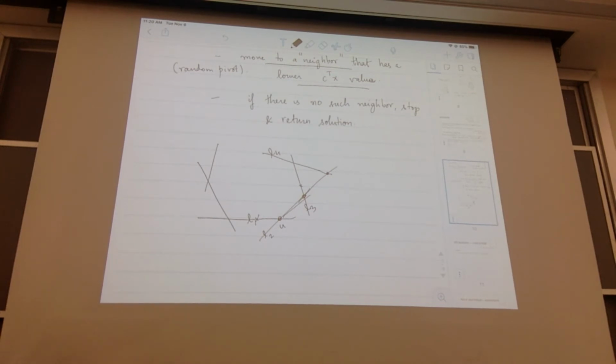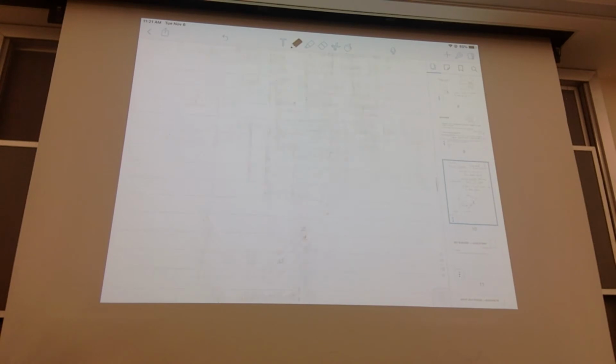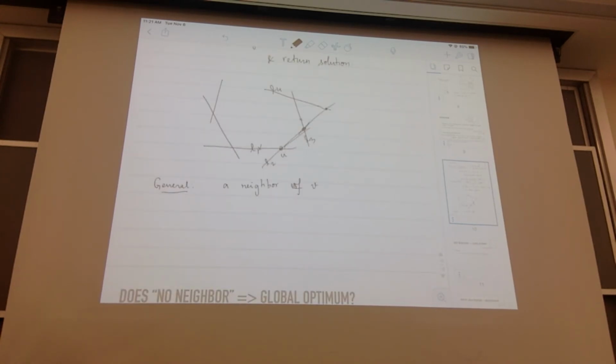But in general, you could imagine doing this. So in general, a neighbor of B is a point that has precisely n minus 1 equations in common with B. Let's call this B prime.